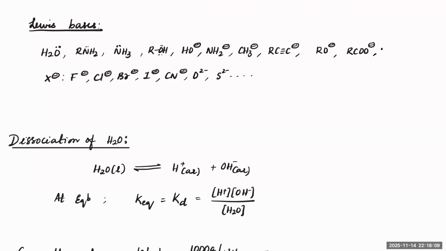NH2 minus, RO minus, CN minus, and all the halides. All halogens, O2 minus, S2 minus, N3 minus, P3 minus. These are all going to be Lewis bases because they carry a lone pair.